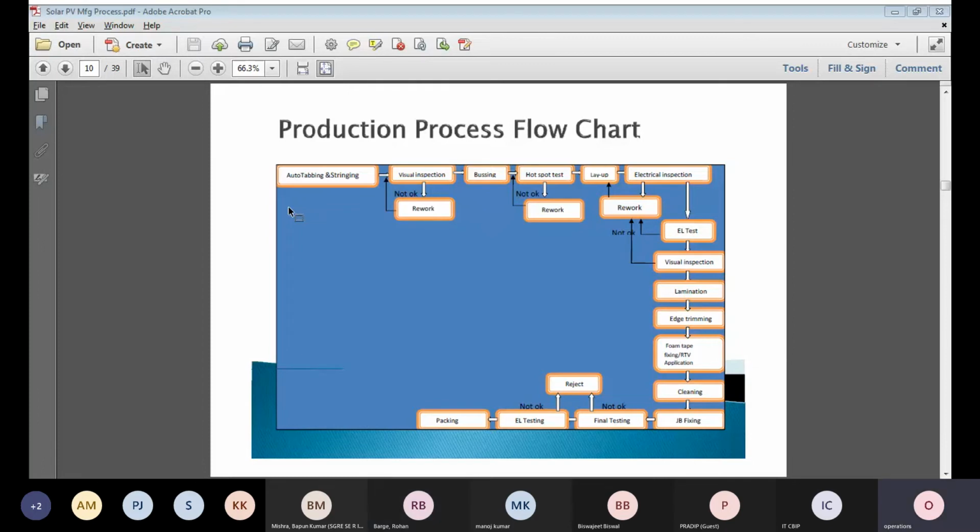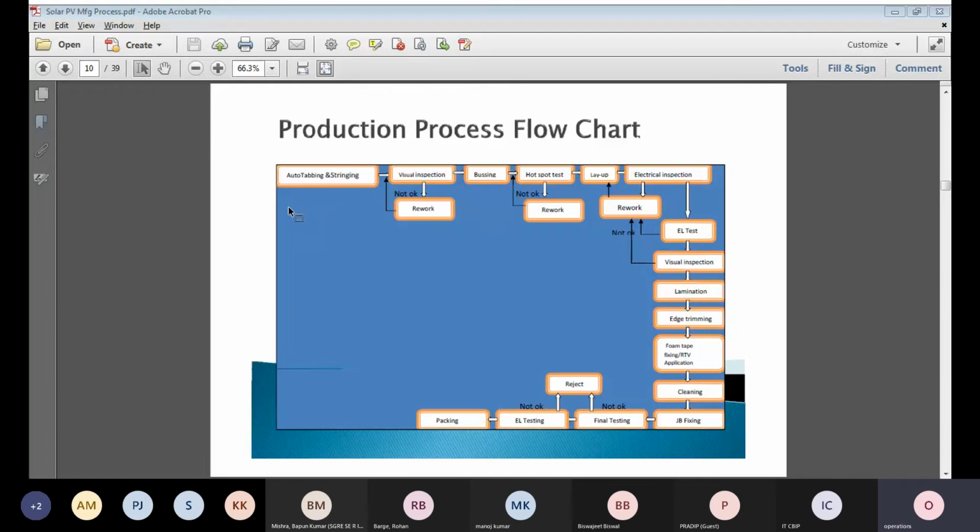Then we do electrical inspection with halogen lamps to check whether the voltage and currents are coming or not. It is a series connection. If there is any breakage in a continuous section, we can observe it. Then it goes to the EL test. EL is an electroluminescence test, which shows any current mismatches and any cracks or micro cracks.